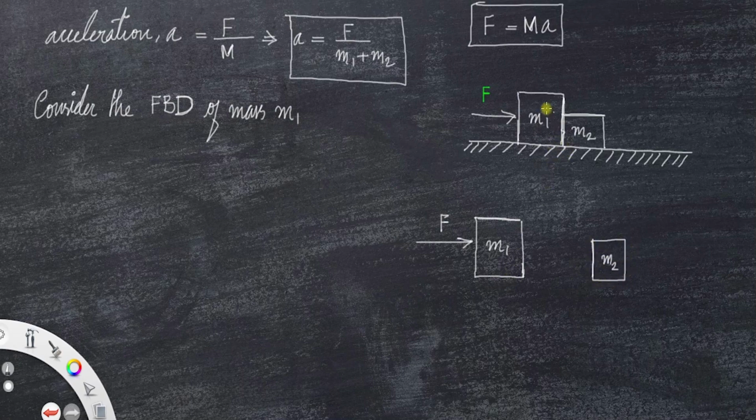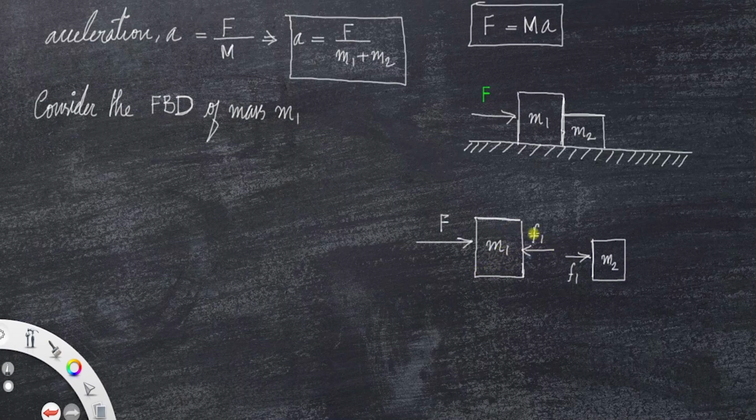These two masses are connected. So on the application of this force F, this mass m1 gives an action to this mass m2. Let's say the action be F1. And by Newton's third law, this m2 gives back a reaction to the m1 with the same magnitude.